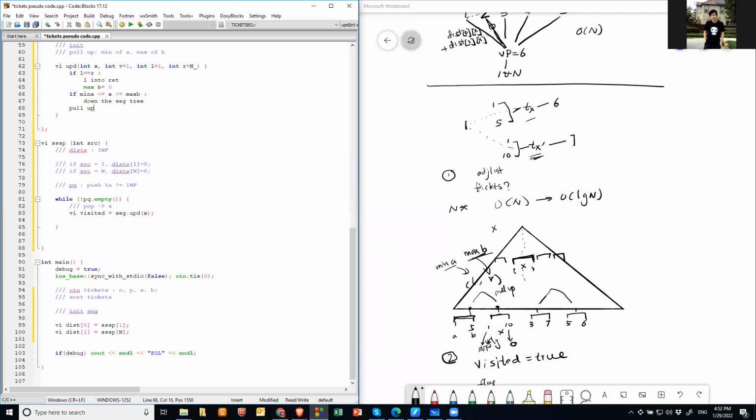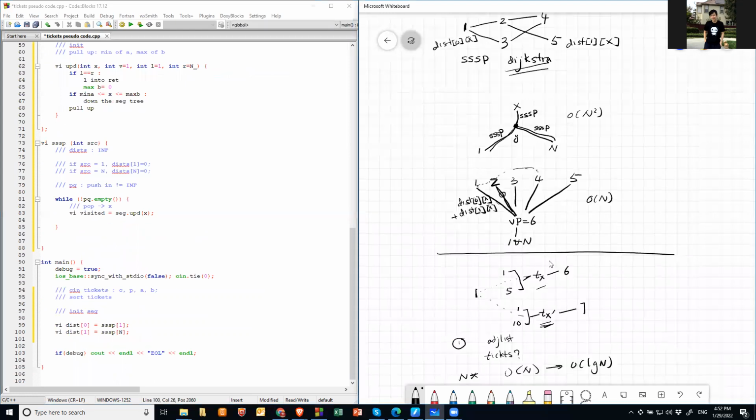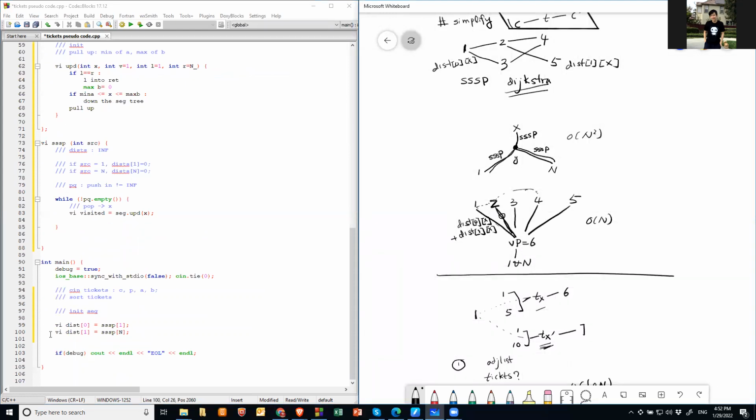So then here you find the distance of this and distance of that. The next thing is you do this. Right? You do the virtual point. So let's call it distance 2. Okay. So virtual point of n plus 1. Okay.